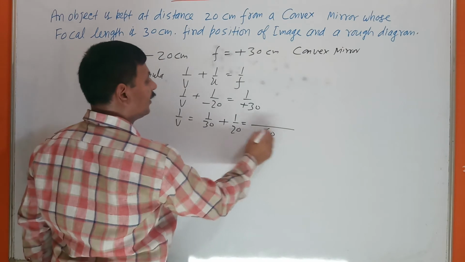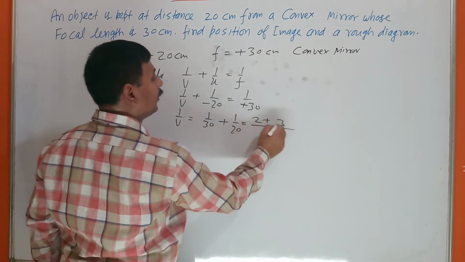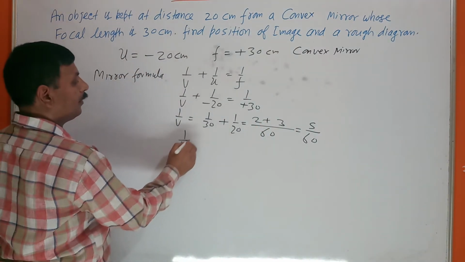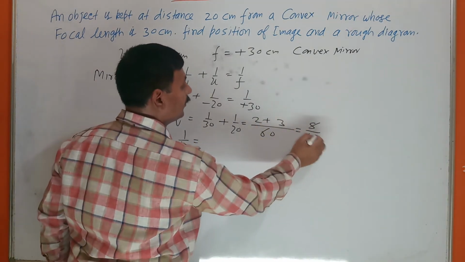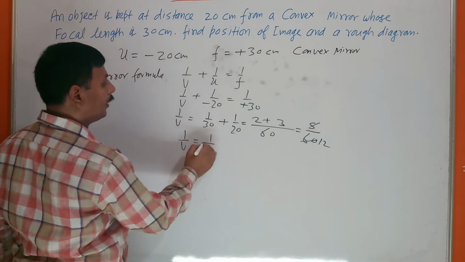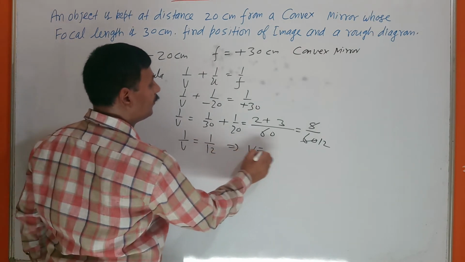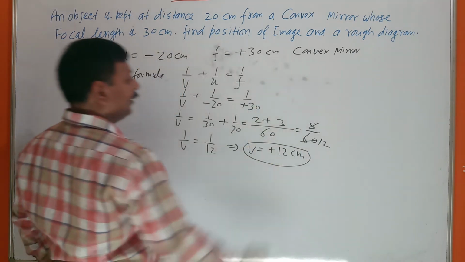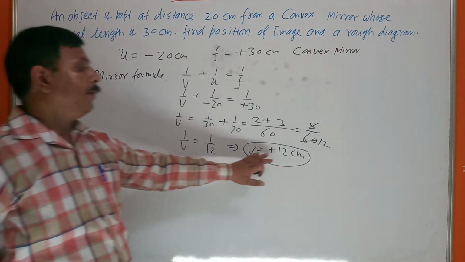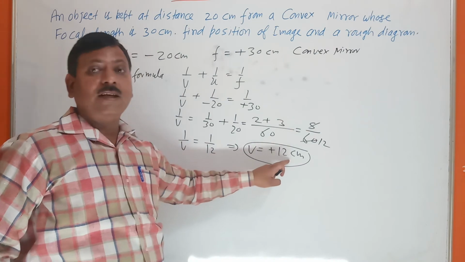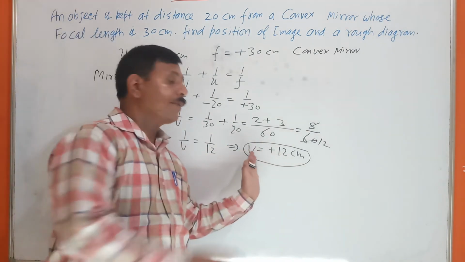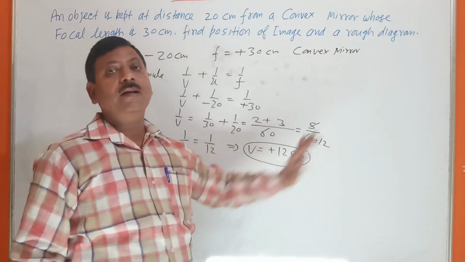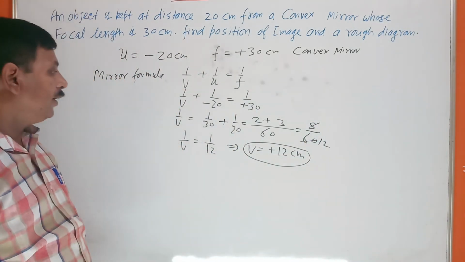Take LCM, 60, 2 times 3, 3 times 2, 5 upon 60, so 1 upon v comes 5 upon 60, which is 1 upon 12, implies v is equal to plus 12 cm. Image distance will be plus 12 cm. Positive sign indicates that the image will form on the right hand side, or at the back of the mirror.